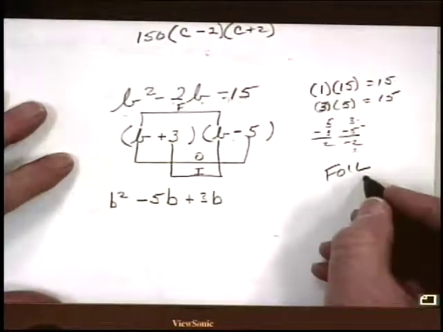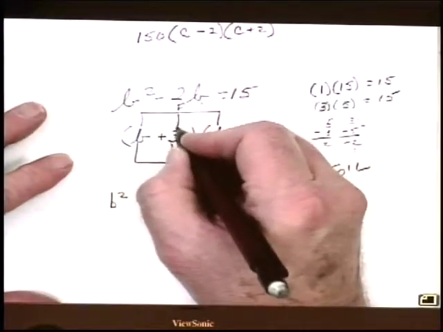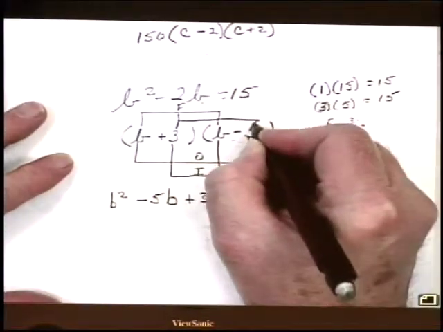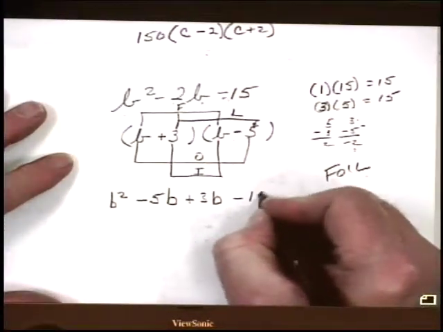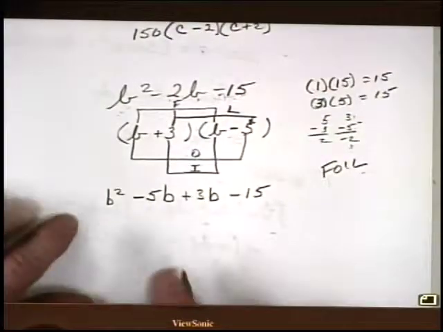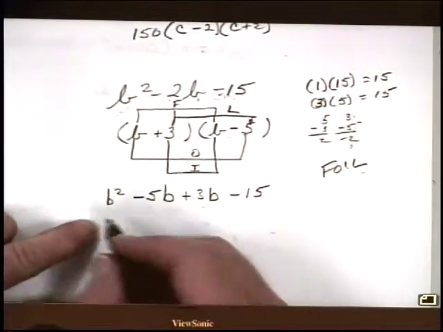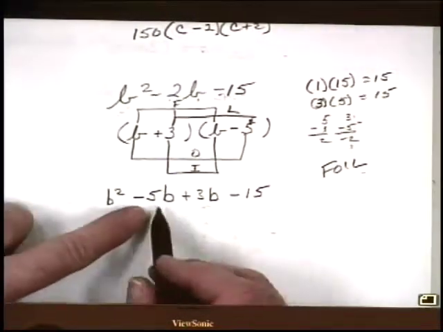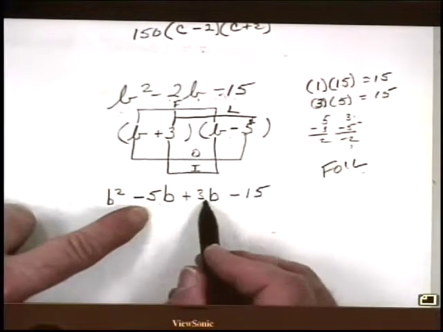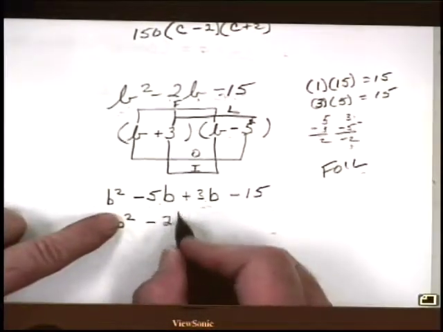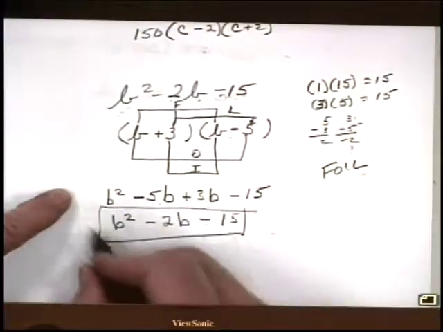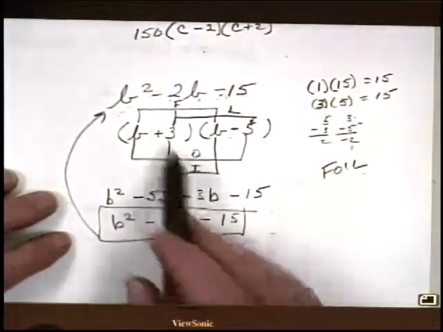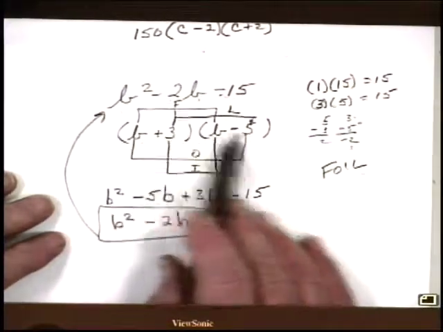And the last is last times last, our L term. L, 3 times a minus 5 is minus 15. So now all we do is combine like terms. We have a b squared, a minus 5b plus 3b is a minus 2b, minus 15. That's what we started with, so we know that these are the correct factors.